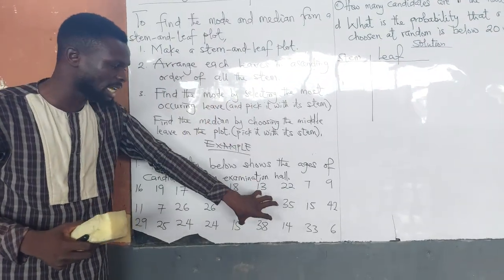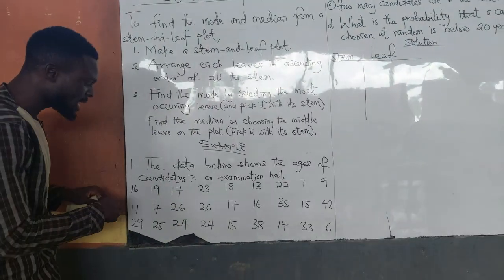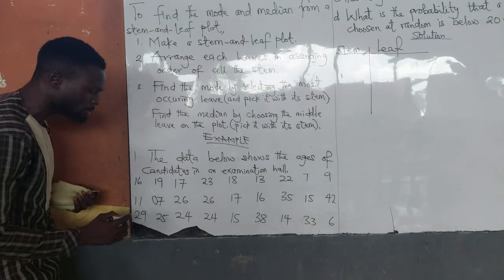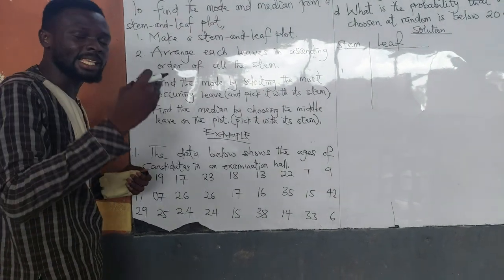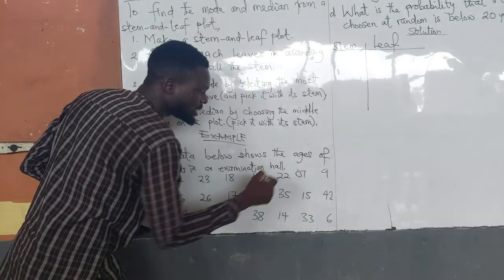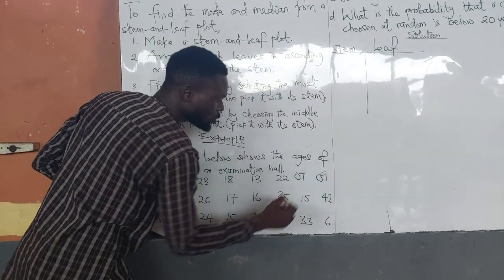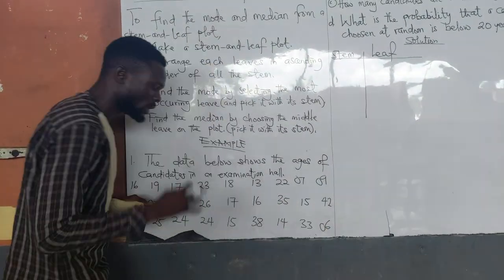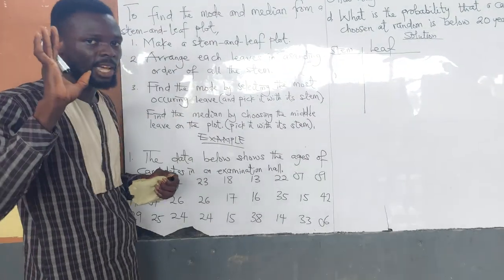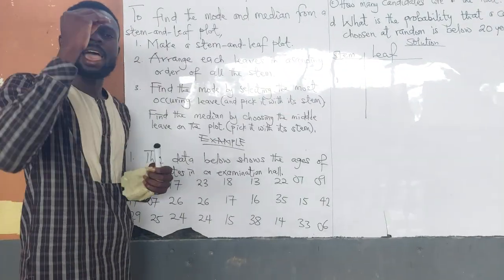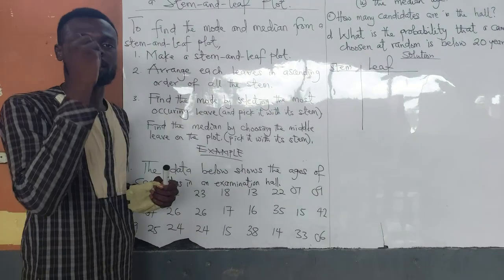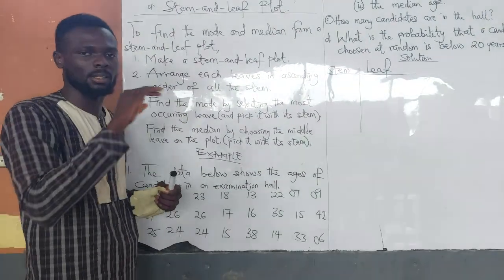So this 7 that we have, we take its stem to be 0. Any other single digit you see, its stem is 0. In the question, they will not write 0, but you should know that every single digit has its stem as 0.